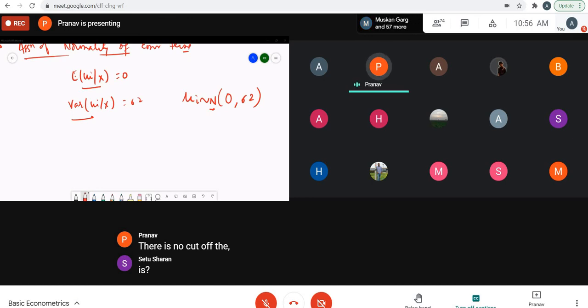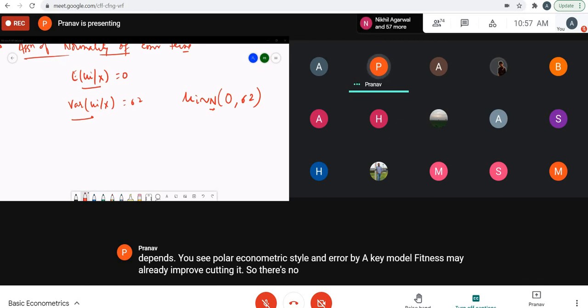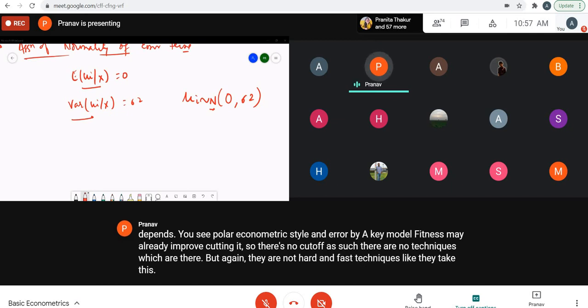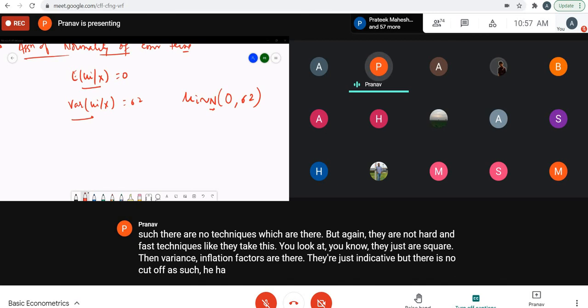It all depends. See, पूरा econometrics trial and error पे है भाई. कि आपको हमेशा देखते रहना होता है कि चलो ये मॉडल फिट नहीं हो रहा है, इसमें अगर ये थोड़ा improve करेंगे तो... there is no cutoff as such. There are though techniques which are there, but again they are not hard and fast techniques. Like there are techniques you look at, the adjusted R square or then variance inflation factors. They are just indicative, but there is no cutoff as such. कि हाँ, इतने multicollinearity पे मैं रुक जाऊंगा. It's purely a trial and error.